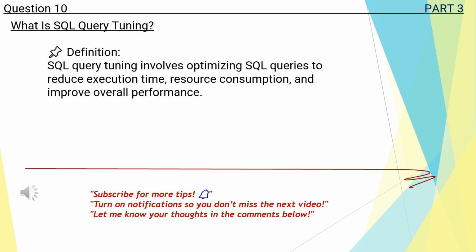SQL query tuning refers to the process of optimizing SQL queries to run faster and use fewer resources, which ultimately leads to improved performance of your application. Now, let us walk through some steps you can take to tune your SQL queries.